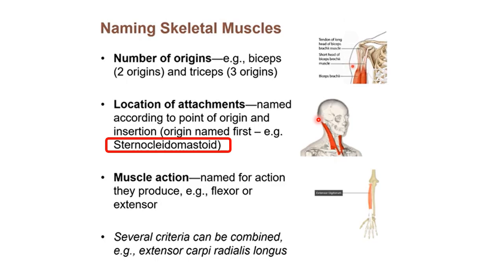So here is the first muscle that I'm expecting you to know. This muscle is connecting the sternoclavicle part to the mastoid bone right there, and especially what it's doing. When you flex that muscle, what's happening with your head?